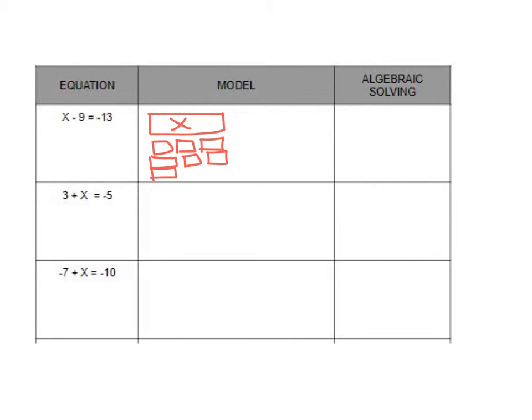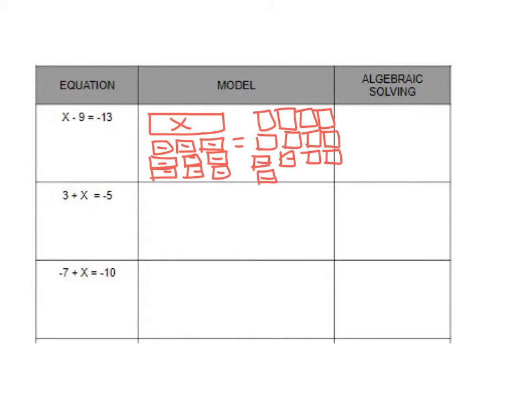So we're going to put 9 negatives with the x. And then on the other side, we have 13 negatives. Okay, that's all you need.